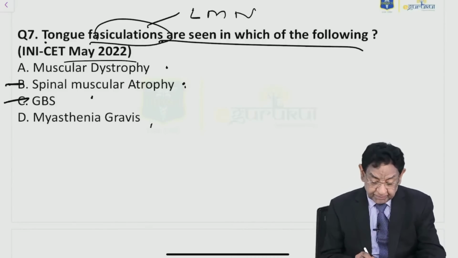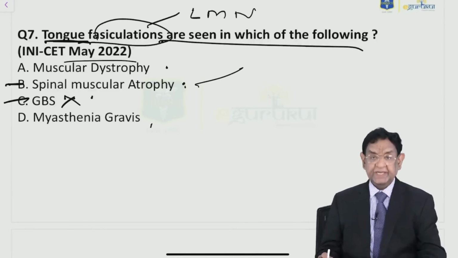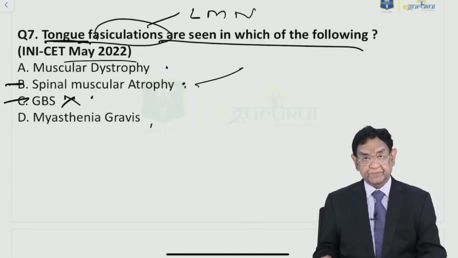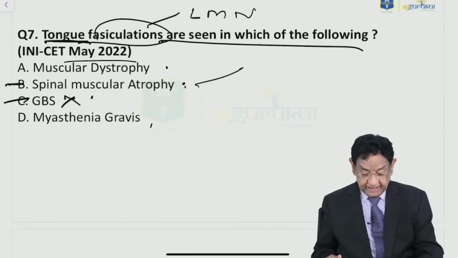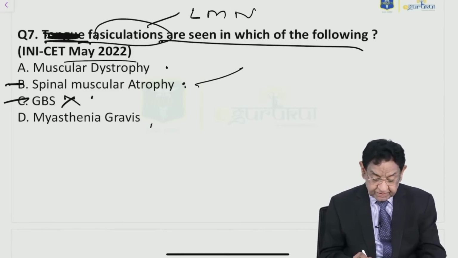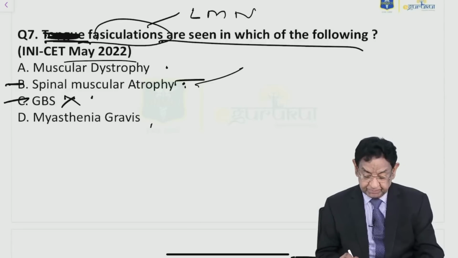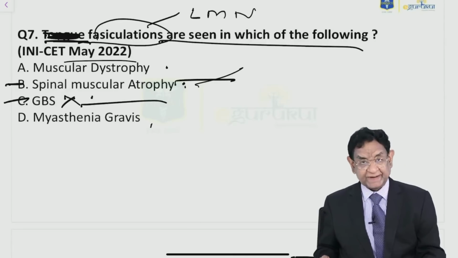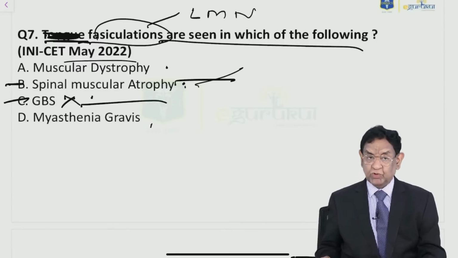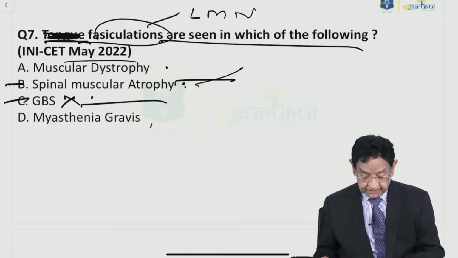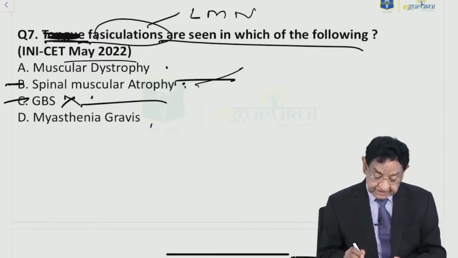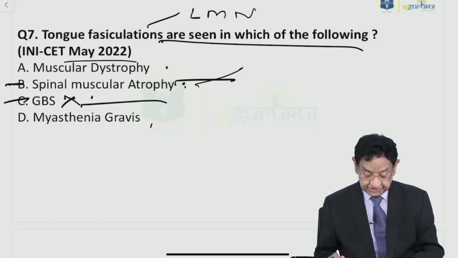But tongue involvement is a feature of spinal muscle atrophy, not a feature of Guillain-Barré syndrome. Very tricky question. Had it been just fasciculation, then both answers would have been there. But the examiner will not give you two options having the same answer. Here, it is tongue fasciculation.